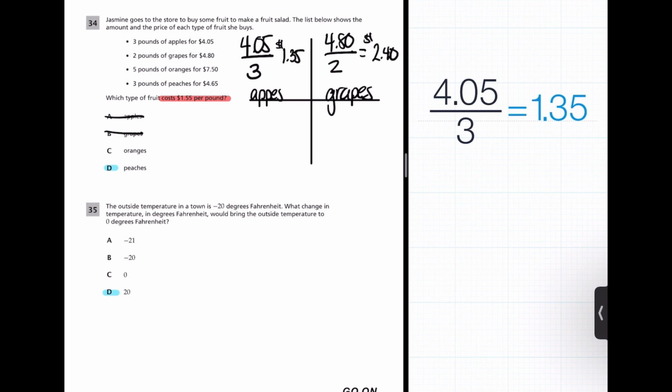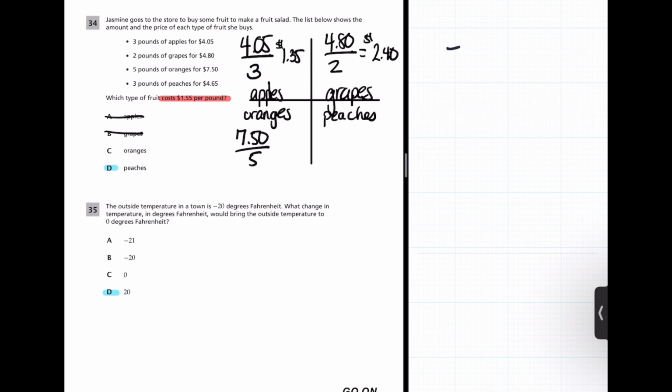Alright, let's go with oranges. And we'll put peaches. Okay, for oranges we have $7.50 for 5 pounds. So I'm dividing 7.50 by 5. I didn't write the decimal, so I'm going to put it in there.